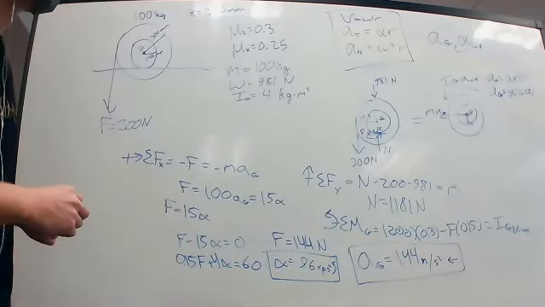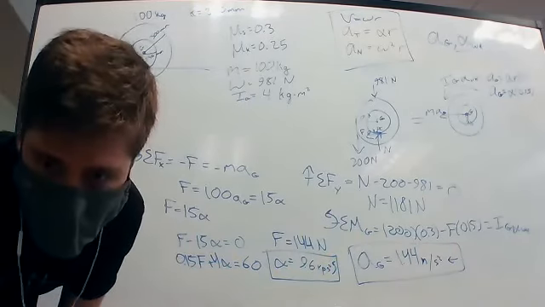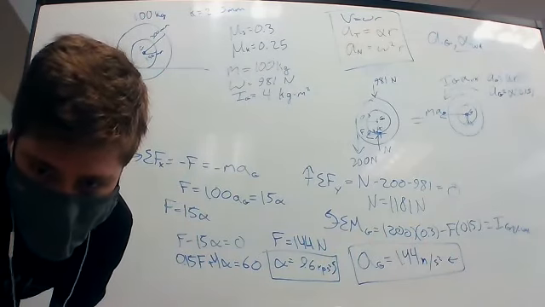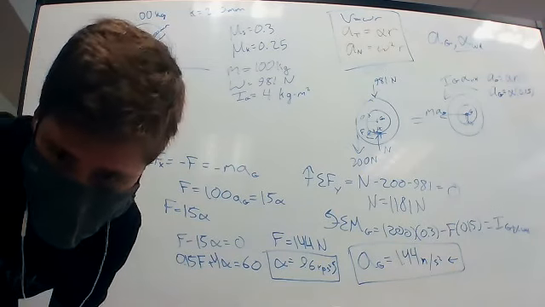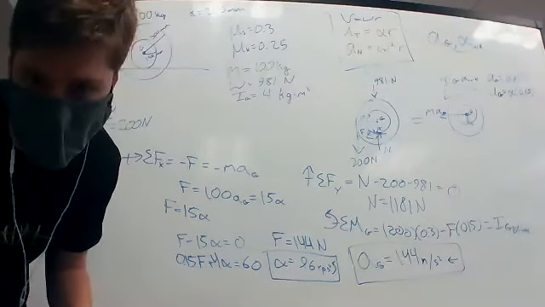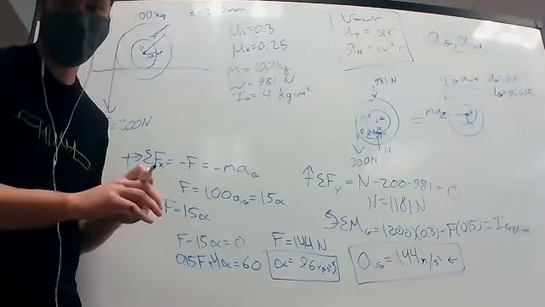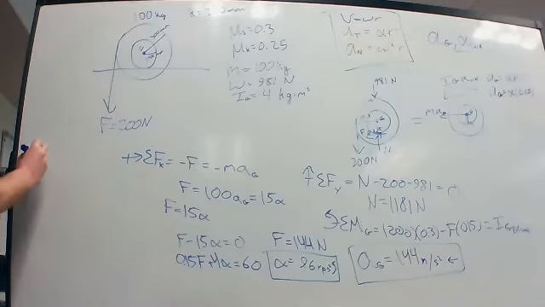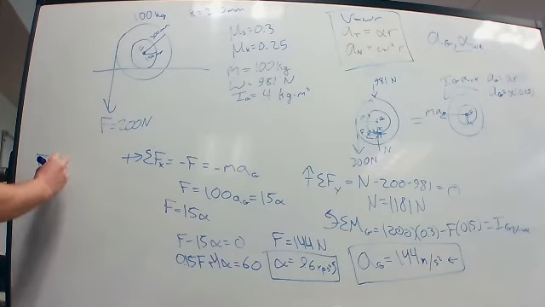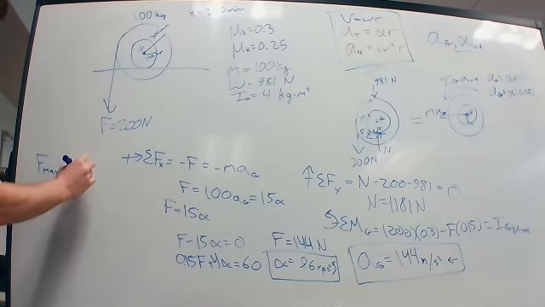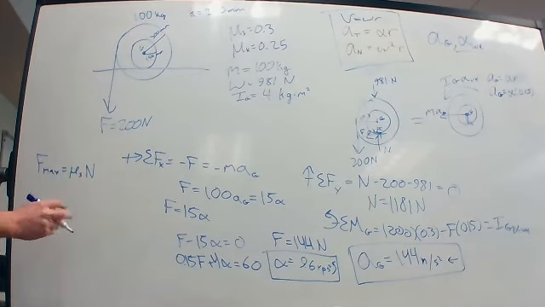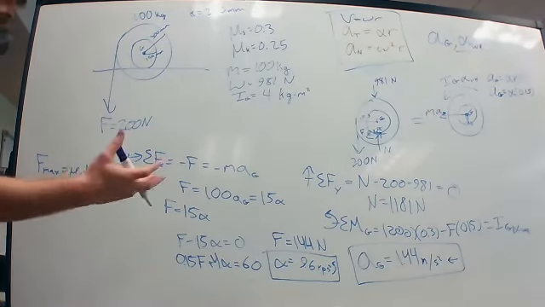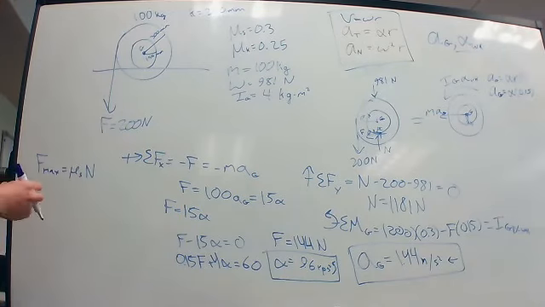So then the last part for this problem would be to validate the no slip assumption. So F max here is going to be mu sub s times N, because it's initially at rest and nothing has moved. We're not working with an overtime problem.